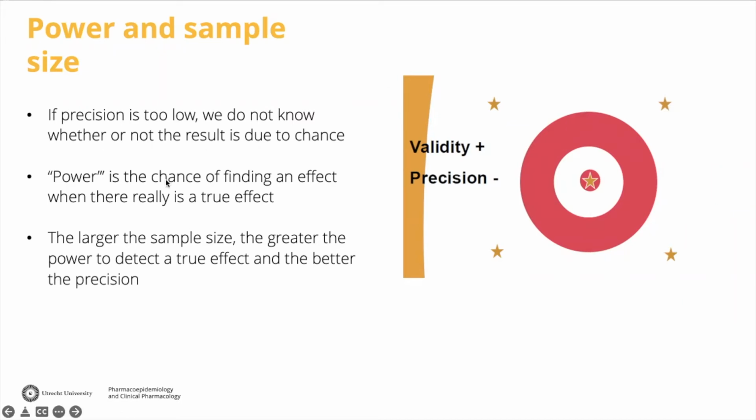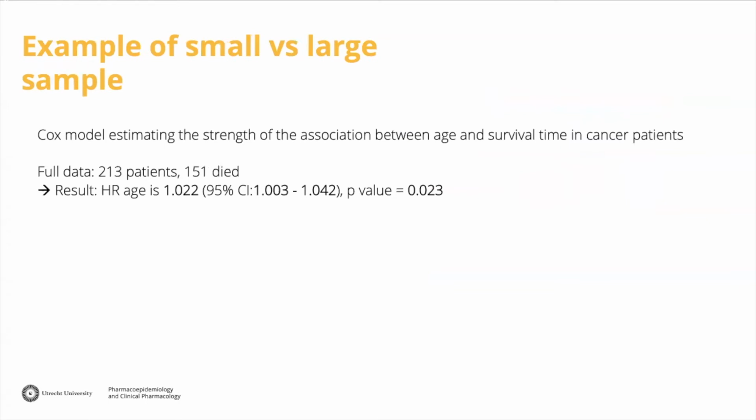So power is defined as the chance of finding an effect when there is a true effect. And typically, the larger the sample size that we're working with, the greater the power to detect a difference, if there's a true effect between the study medication and the outcome. And this means that we have better precision.